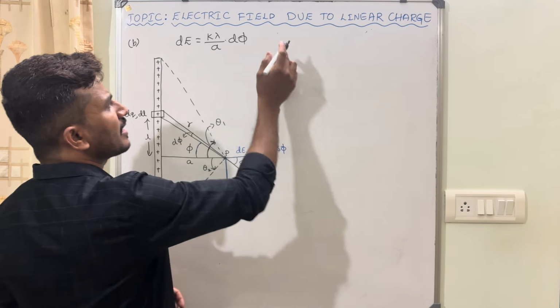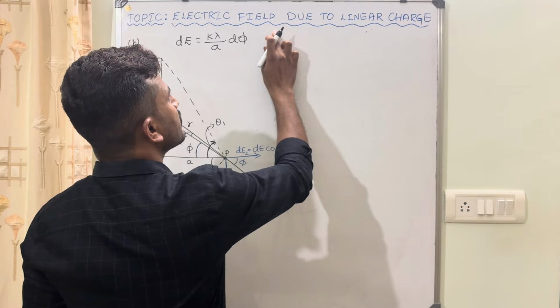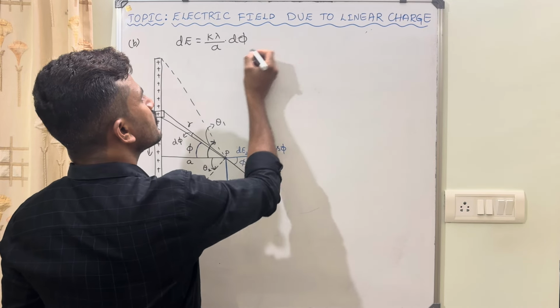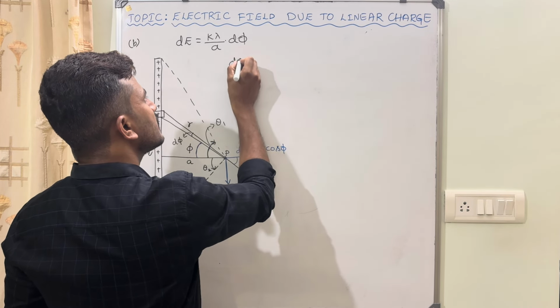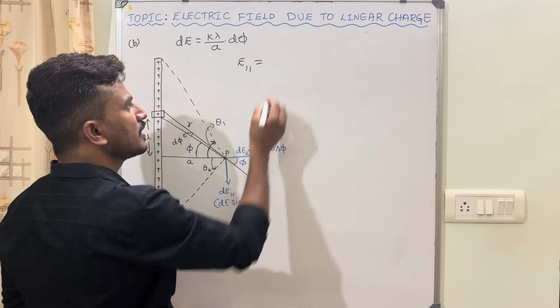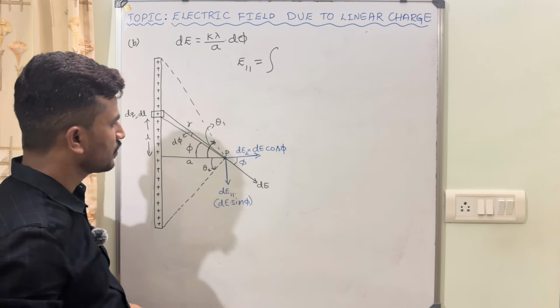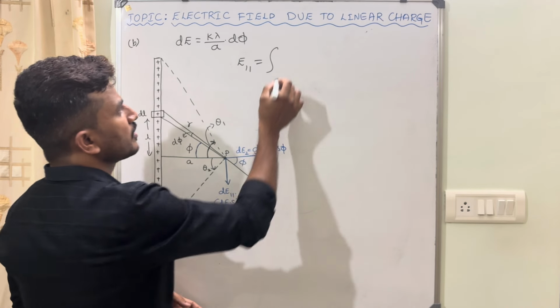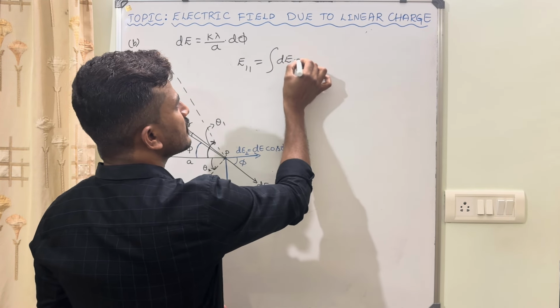Then we have the parallel electric field. So total E parallel is equal to, integration we have to do, dE sin phi.